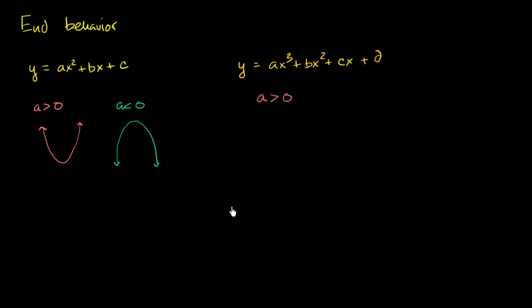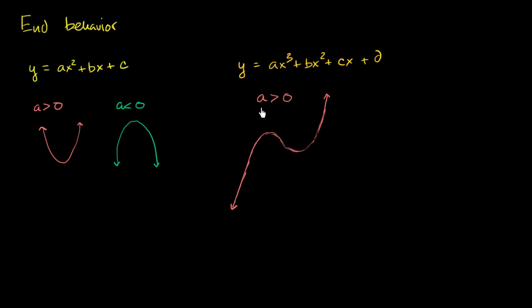And then it's going to increase as x becomes less negative. It might do a little bit of funky stuff in between. But then as x becomes more and more positive, it will become more and more positive as well.